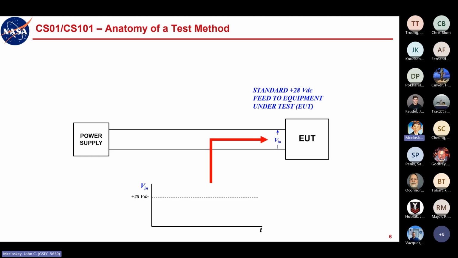And I'm still using the traditional 28 volts. Now it's more like 30 to 31 volts, but we're basically talking about the same thing, whether we say 28 volts or 30 volts. A 30 volt-ish DC power feed to your equipment under test. So that's your nominal. That's what you want for the equipment to operate.